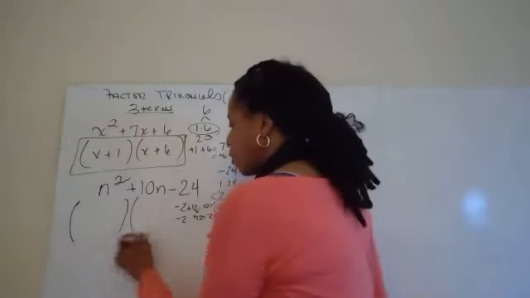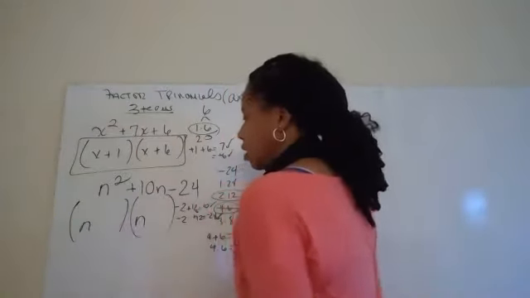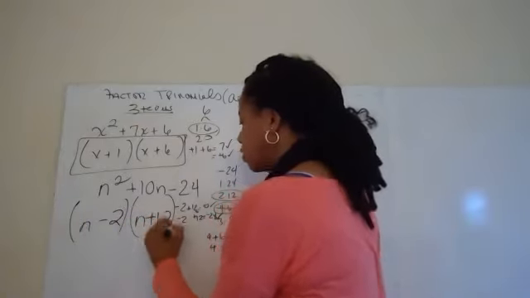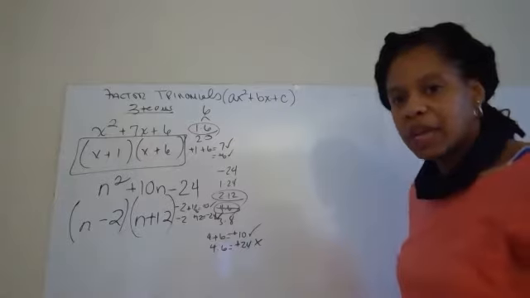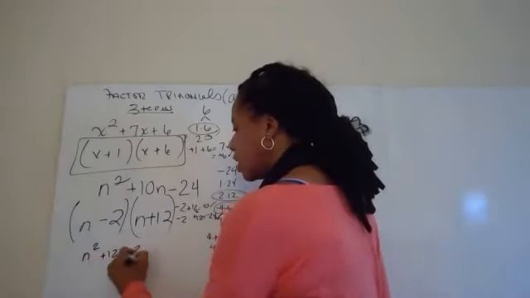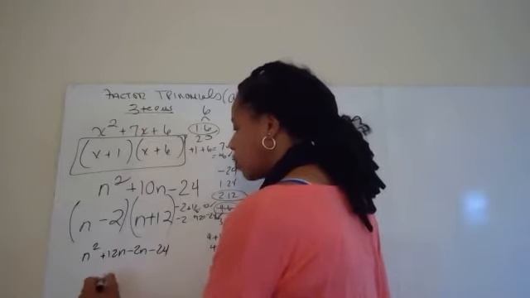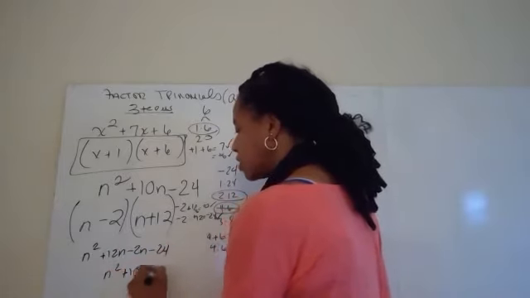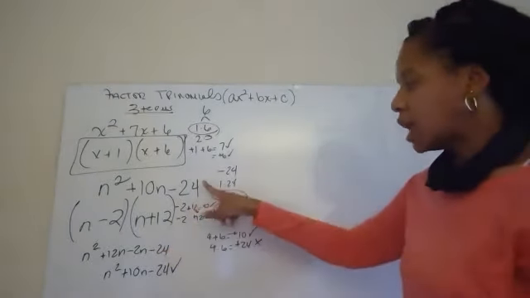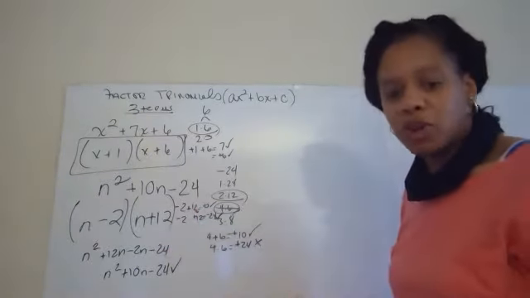So in my two sets of parentheses, I have an n to create the n squared, and then I would have a -2 and a +12. And if you multiply that out to check it, n squared plus 12n minus 2n minus 24, n squared plus 10n minus 24. If you multiply your answer out and get the original problem back, you know you did it correctly.